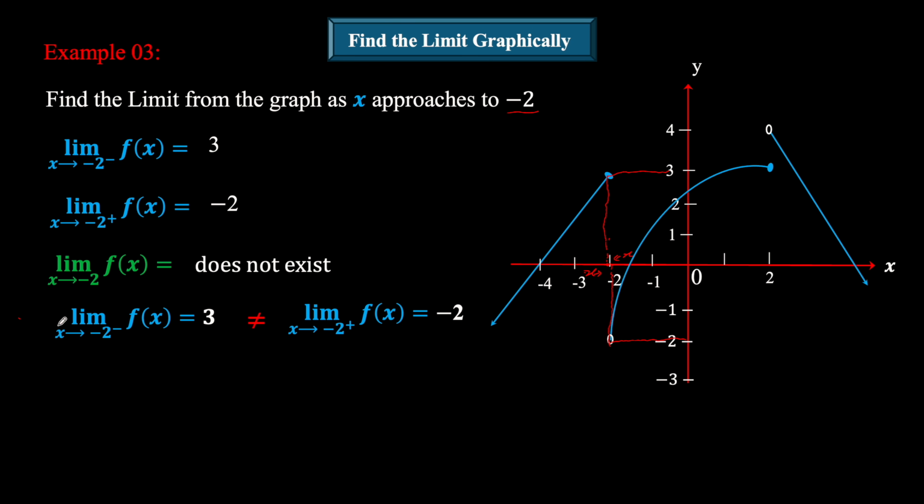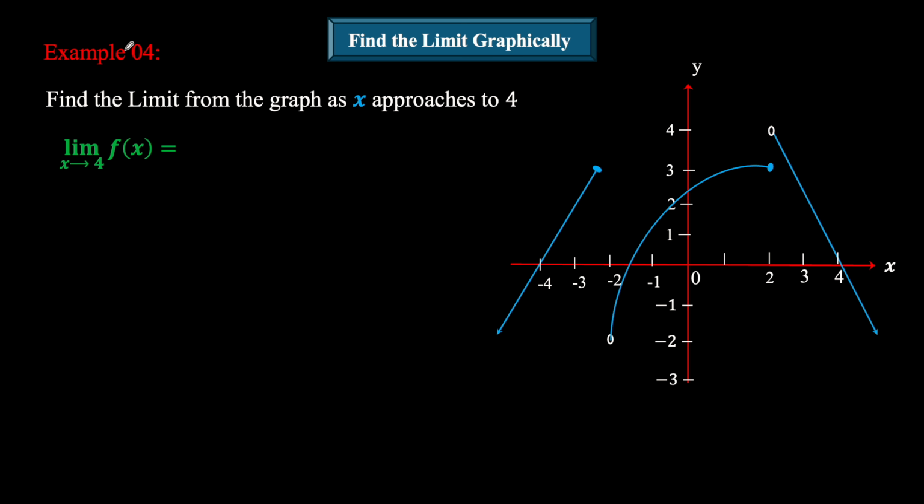Why? The limit as x approaches minus 2 from the left side is equal to 3, but as x approaches minus 2 from the right side, f of x is equal to minus 2. Both of them are not the same, they are not equal. We say that the limit as x approaches minus 2 of f of x does not exist. Okay? Let's see the fourth example. Find the limit from the graph as x approaches number 4.